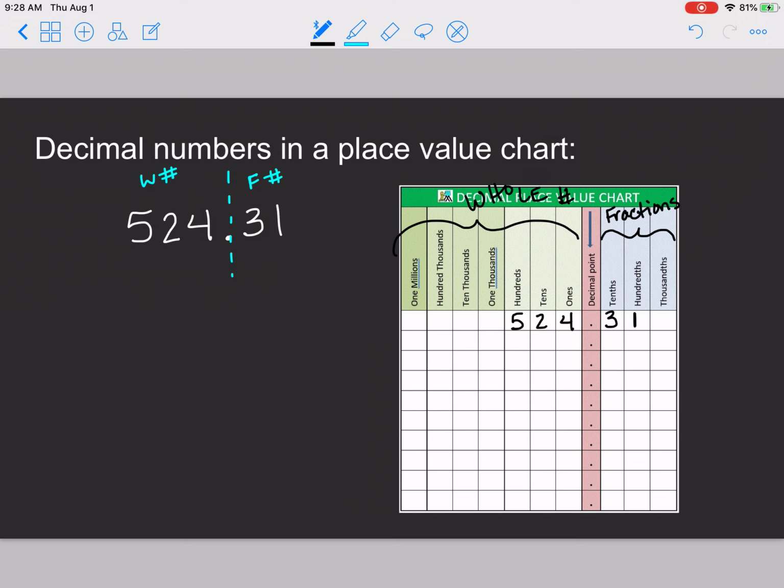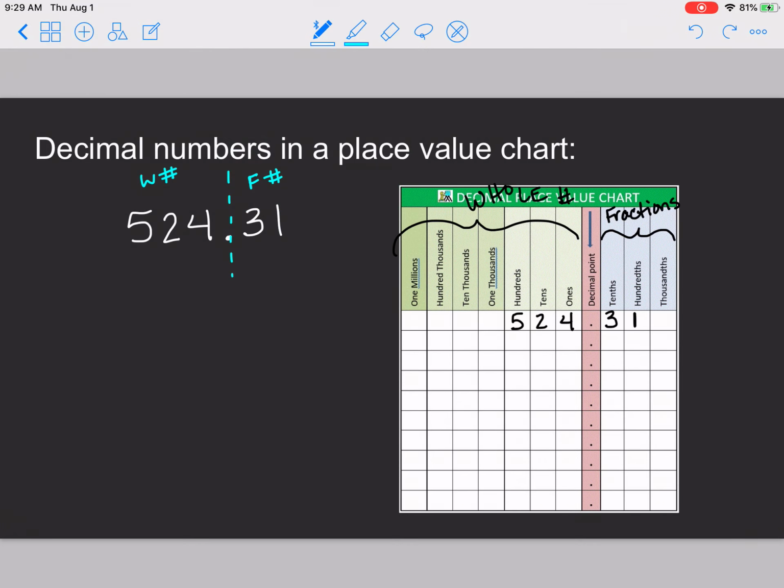Remember, wherever your last digit falls, if it's to the right of the decimal, it takes the place value name as well. So 524 and 31 hundredths. Okay, so I have that on my place value chart.